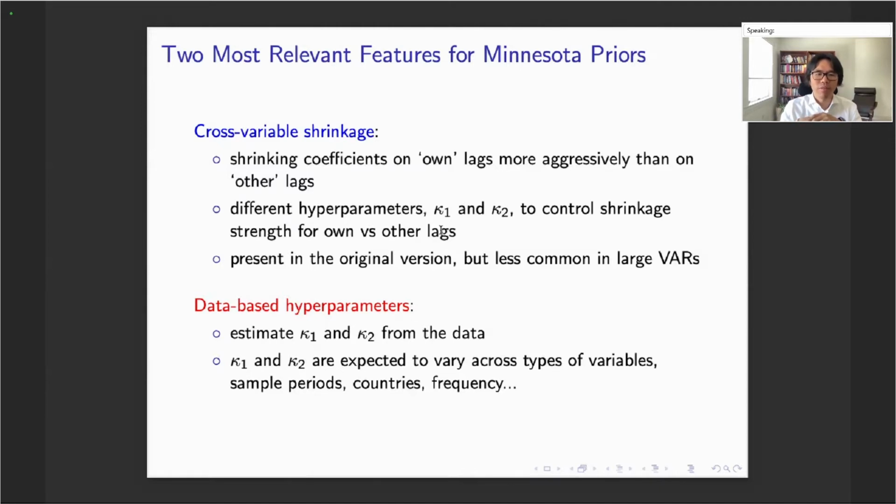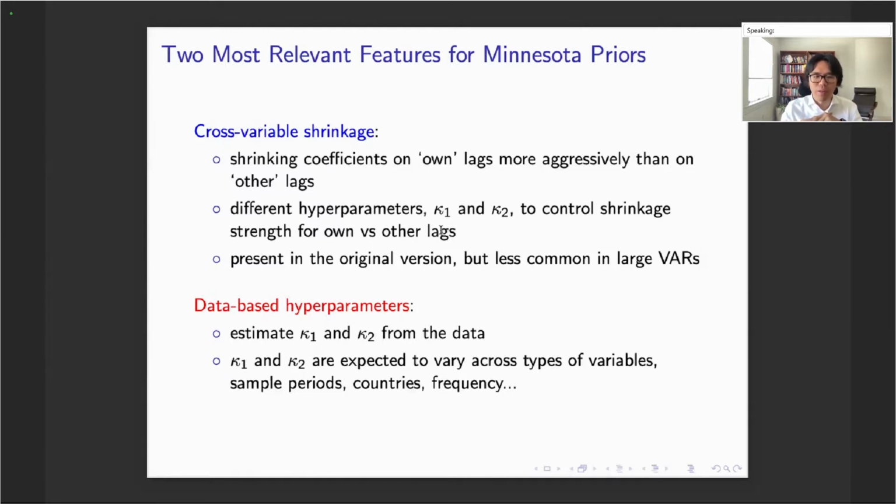This cross-variable shrinkage is in the original version, but later on, for computational reasons, some of the Minnesota priors don't have it, especially when you use the natural conjugate prior. Because of the nature of the prior, you cannot have cross-variable shrinkage, so sometimes people don't use it.